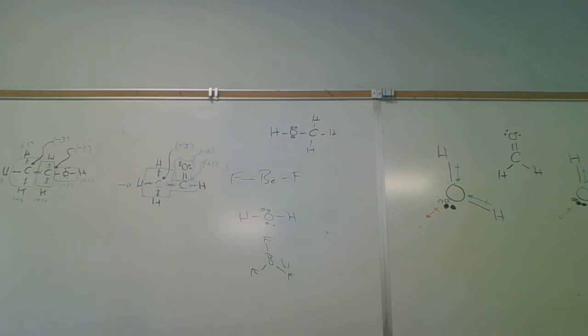This is called an enzyme, alcohol dehydrogenase. And then this is the other half of the redox reaction. It's called NAD. NAD plus, NADH. One of these is an oxidizer, the other is a reducer. It's based on electronegativity.